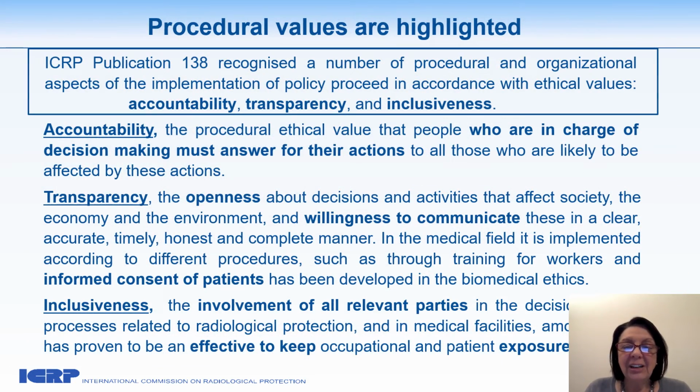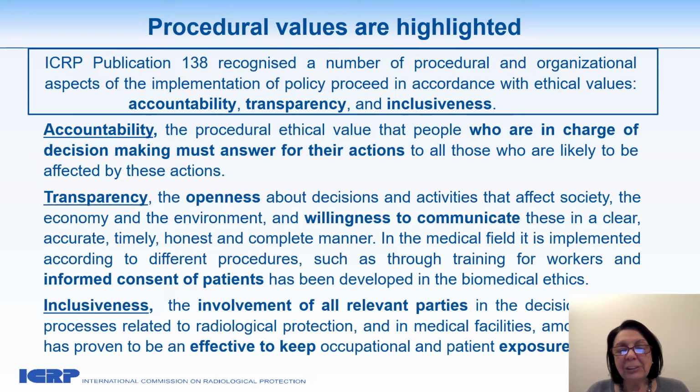The procedural ethical values are recognized at the level of ICRP 138 as, for example, accountability: people, but also organizations and institutions who are in charge of decision making must answer for their actions to those who may be affected by these actions.